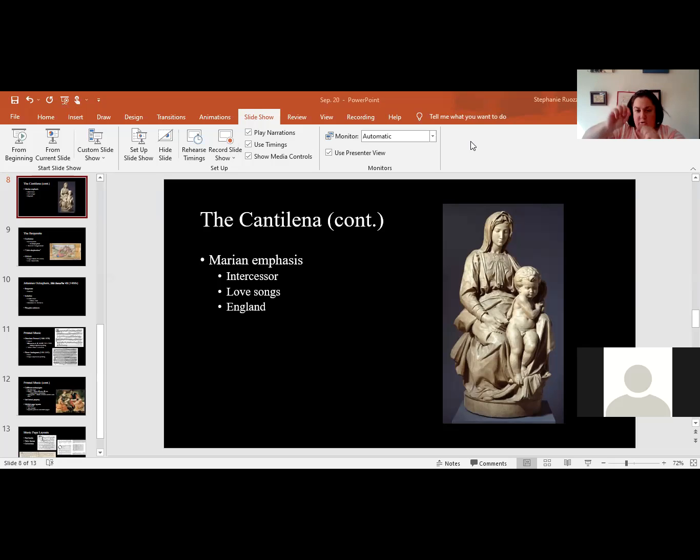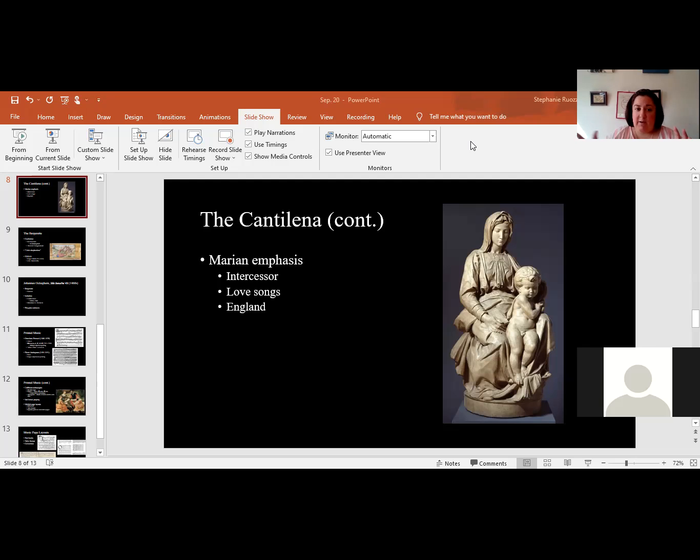And this works in two ways. In the first way, it humanizes the Virgin Mary and makes her more relatable to us. If I can think of the Virgin Mary the same way that I think of an earthly beloved, then that helps me to relate to her better. That helps me to communicate more authentically with her and more lovingly with her.